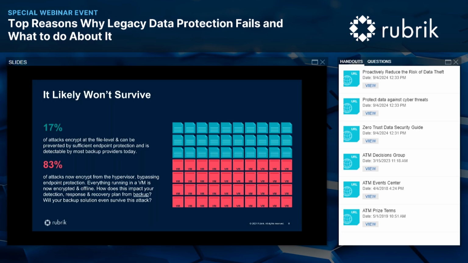So now you're faced with this absolute Armageddon scenario, because everything running in a VM is now offline. Its disks are encrypted. You can't access it. So what you need to ask yourself is, is my legacy backup solution running in the very thing that it is trying to protect? Because if it is, it likely won't survive the most common attack.